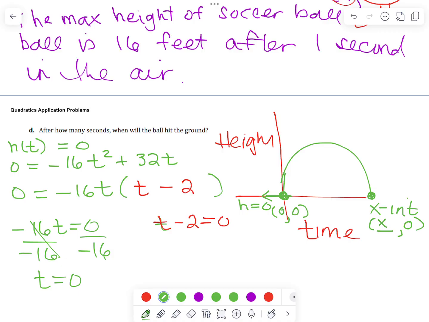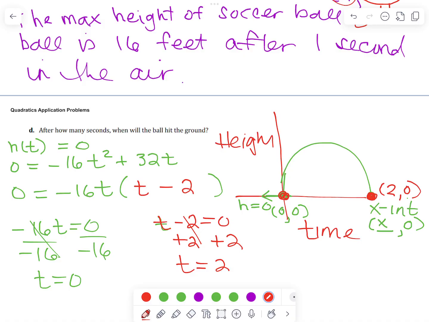The second one, we add 2, we add 2, and we get t equals 2. So that's this ordered pair over here, 2, 0. So one x-intercept is 0, 0, and the other one was 2, 0.